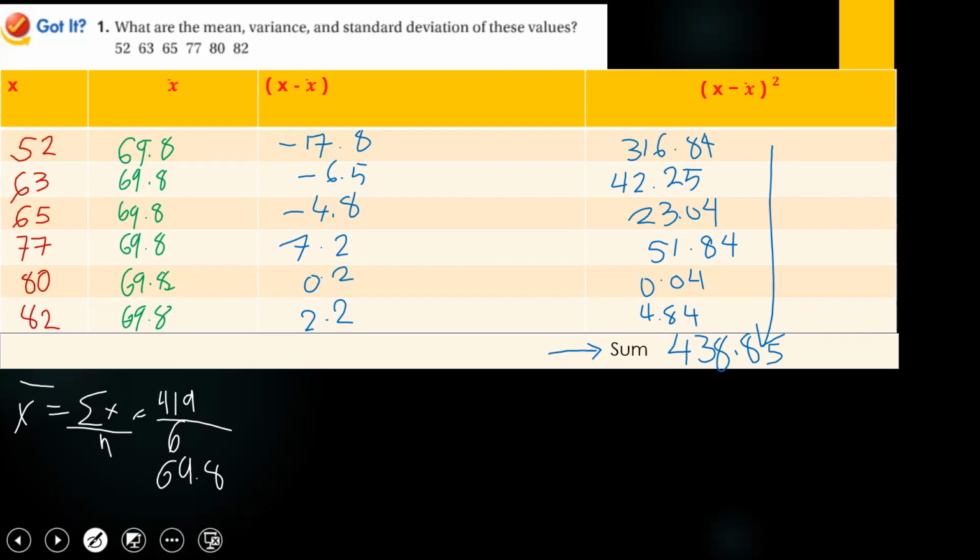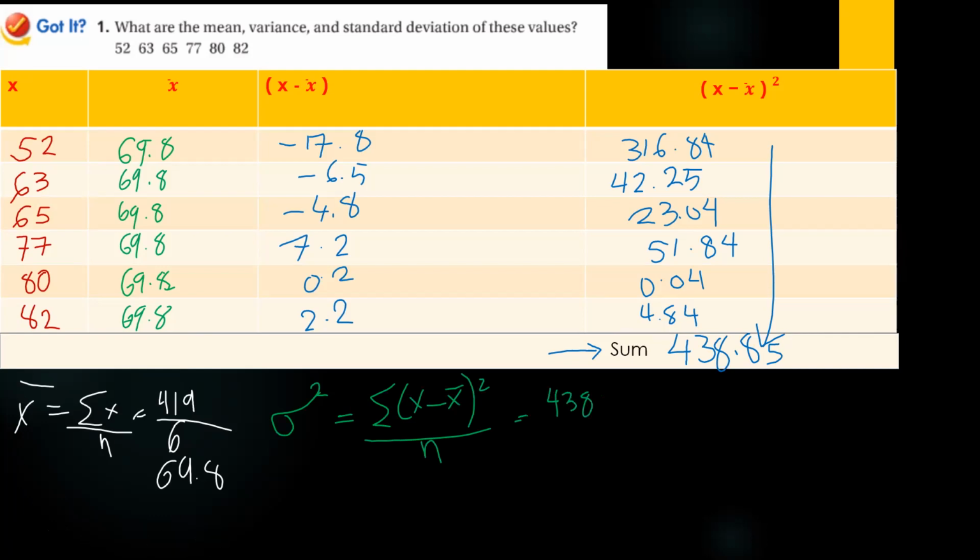Then after that, let's see that the variance is the summation of x minus x bar squared over n. So it's 438.85 over 6, which is 73.14.